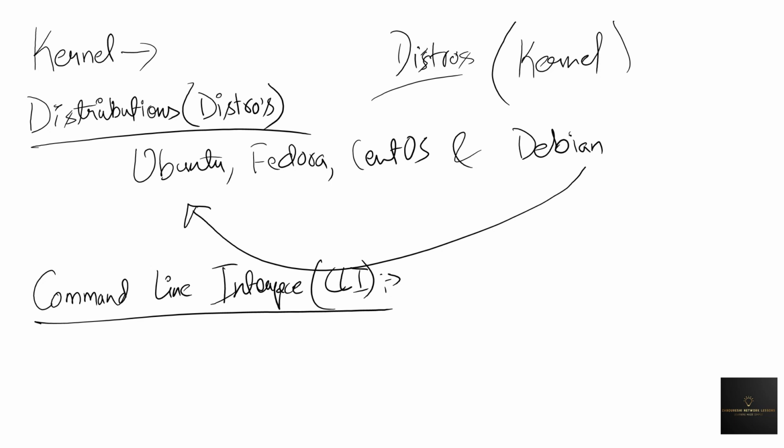Then you also have to know the term shell. The shell is a command interpreter that provides a user interface for interacting with the operating system. Common shells include bash, zsh, and fish. Then you have the term commands.